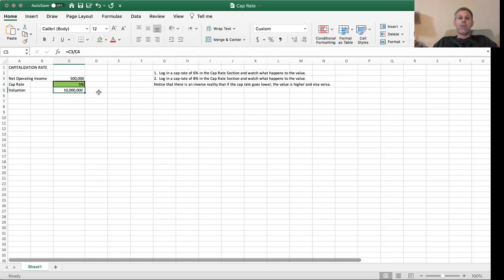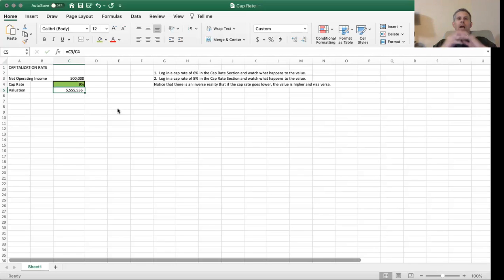Goes up quite a bit. If all of a sudden we go into a neighborhood that's a little bit rougher, building's beat up, maybe it's not a great tenant, and let's say that it's a 9 cap, watch what happens to the value. The value goes down as the cap rate goes up. And then the inverse is the case, where as the cap rate goes down, the value goes up.